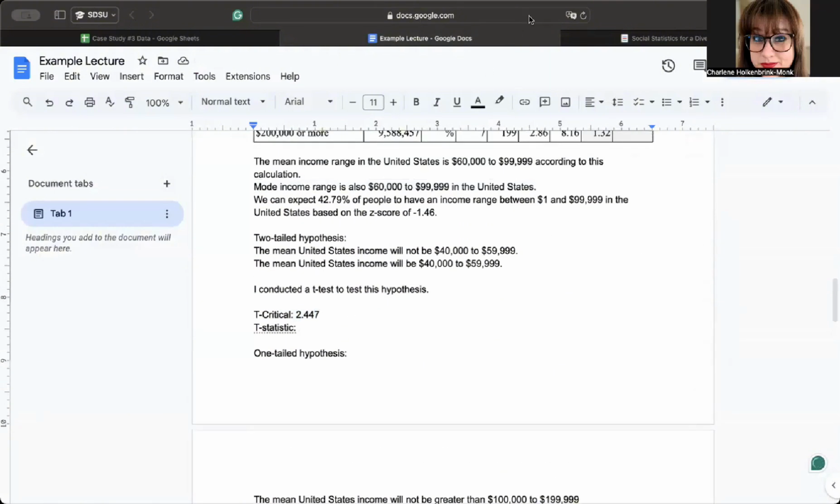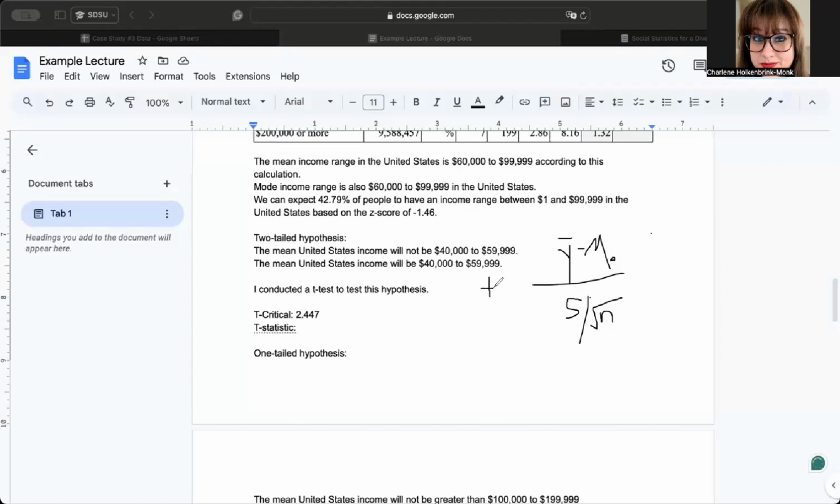Now, this is where we're going to calculate our values based off of this formula. All right.